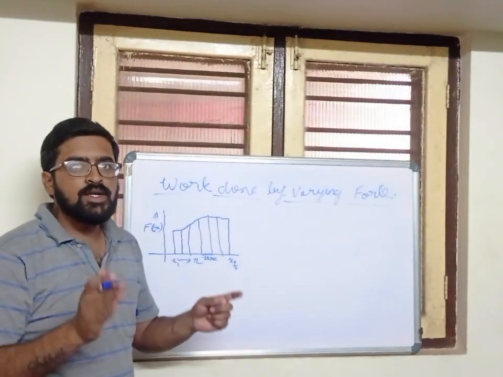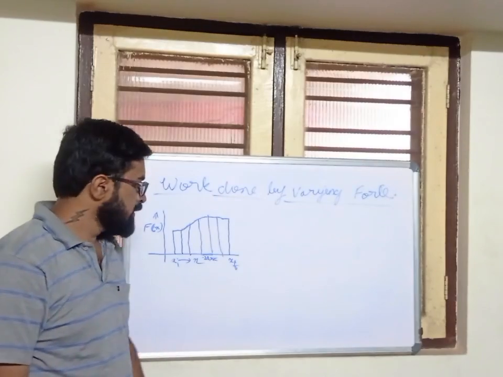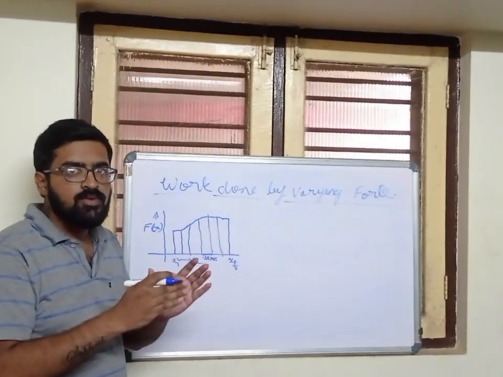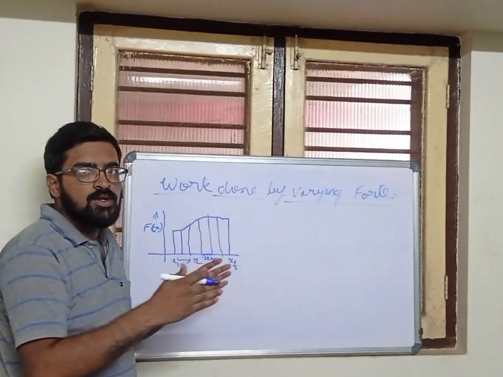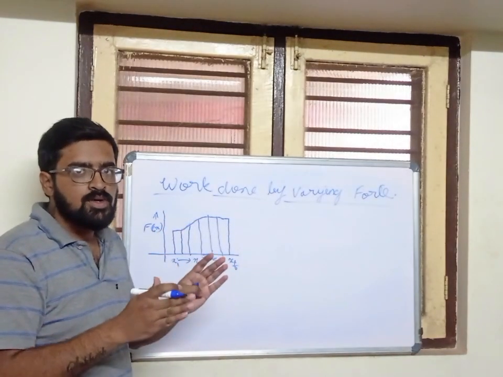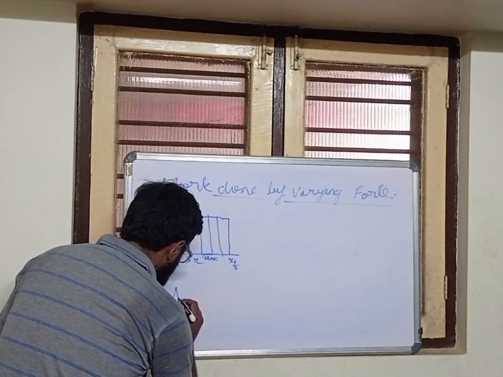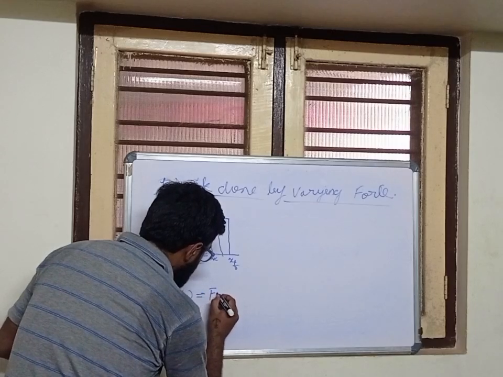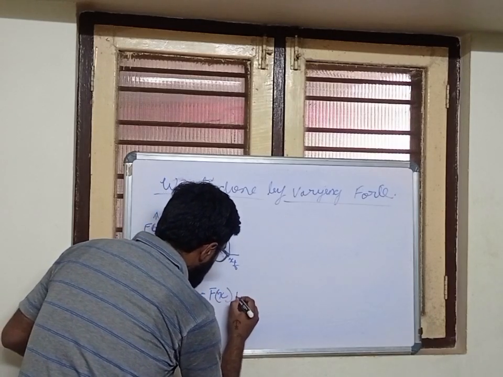So what we need to calculate right now is the total work done, right? We have divided this, and we will sum up all the divisions and calculate the total work done. So work done is given by delta W equals f of x into delta x.